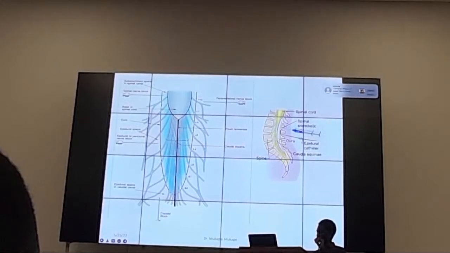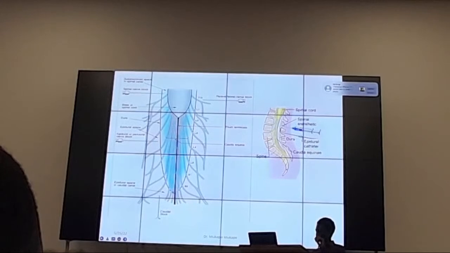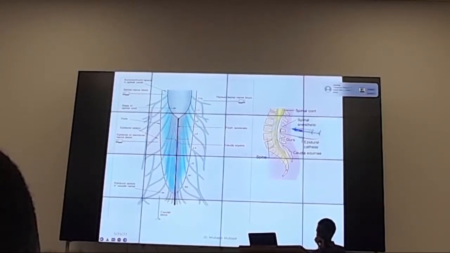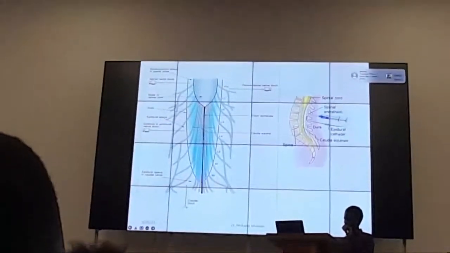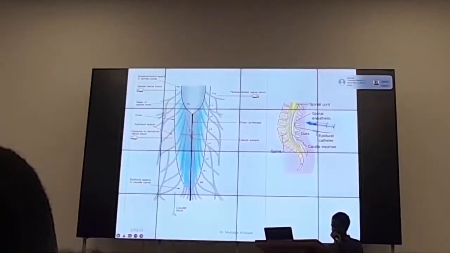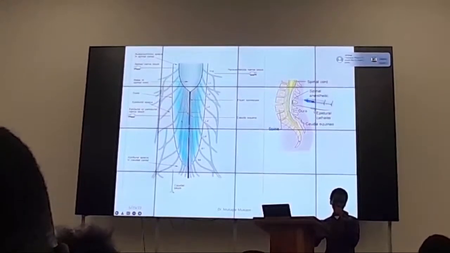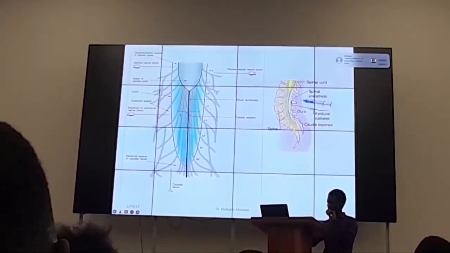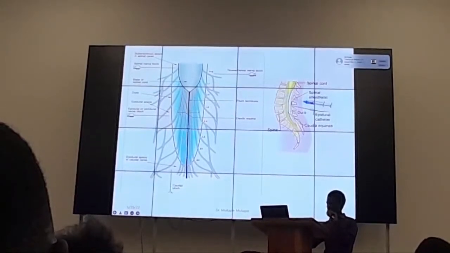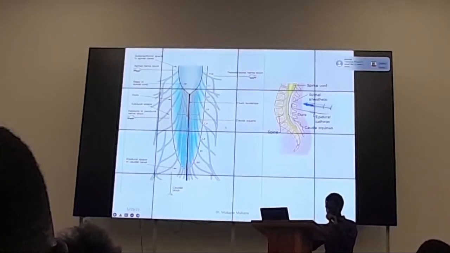The dura mater comes all the way down to S2, and the spinal cord is up, so there is a space between the spinal cord and dura mater. This space is what we call the lumbar cistern, and it is in this space where we collect CSF during lumbar puncture.